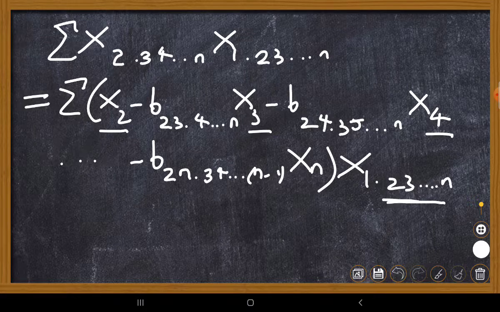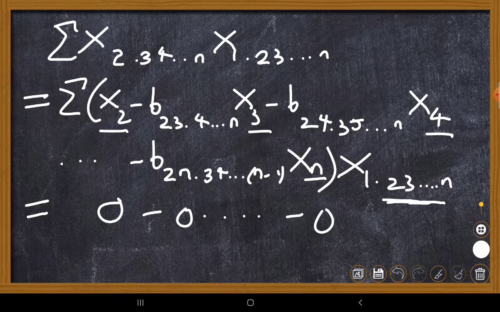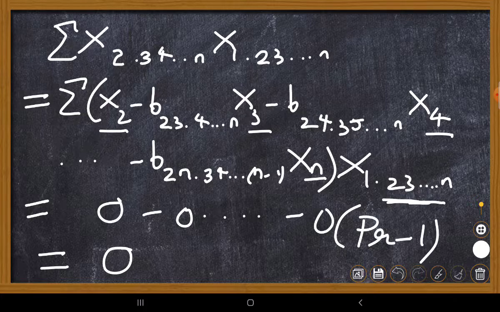This 4 also, and this n also will lie here. So everything will be 0, minus 0, and so on, minus 0, and hence this will be equal to 0. Here you are using property number 1. So even the sum of the product of these two residuals will be equal to 0.